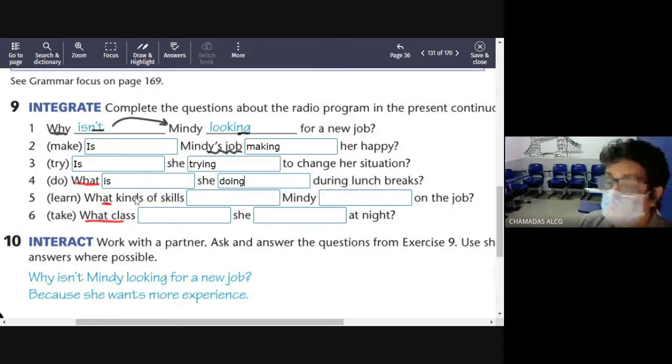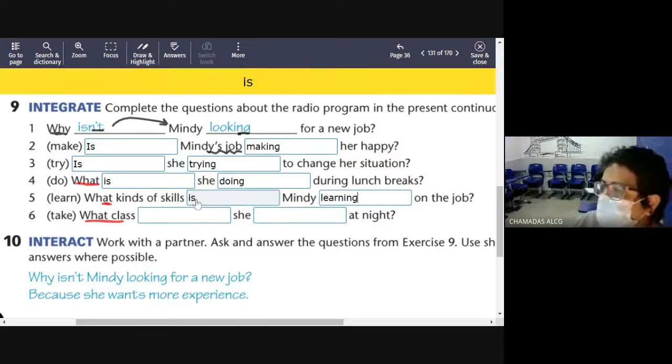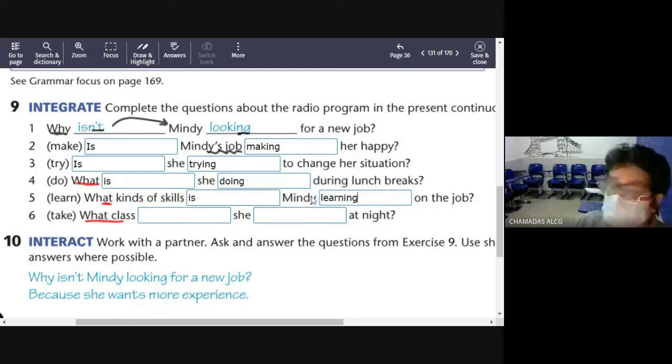Next one. What kinds of skills? The subject is Mindy. Is Mindy learning? Okay, I'm talking about Mindy. So what kind of skills is she learning? Okay, all right. Number 6.